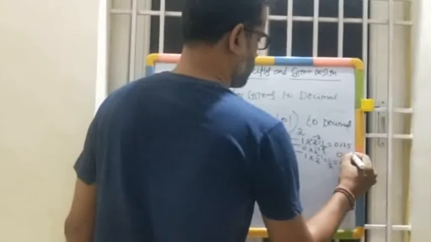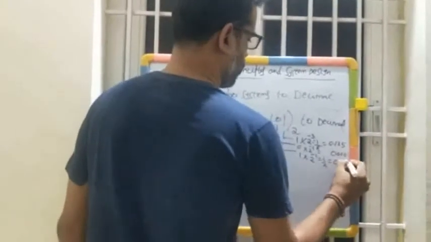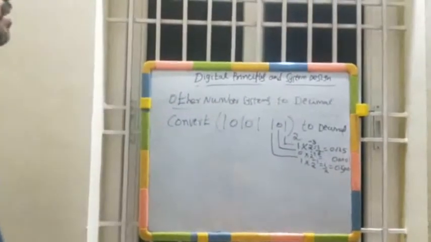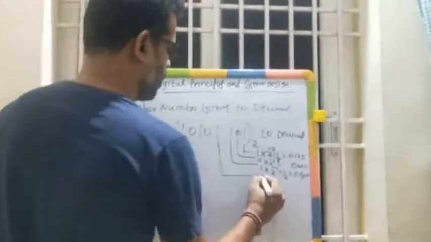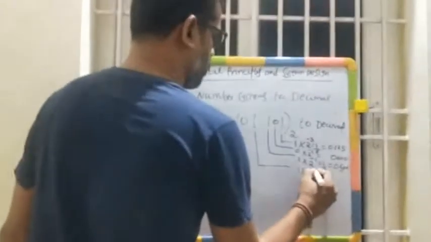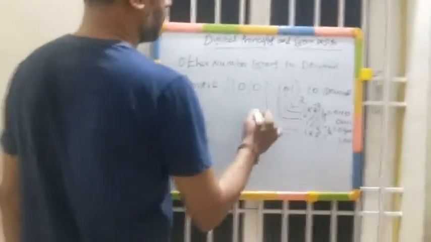Okay, 0.5. You can use this value otherwise in order to avoid the confusion. From here, 1 into 2 power 0, we know that anything power 0 is 1. Then it is 1. Then 0 into 2 power 0 is 0.